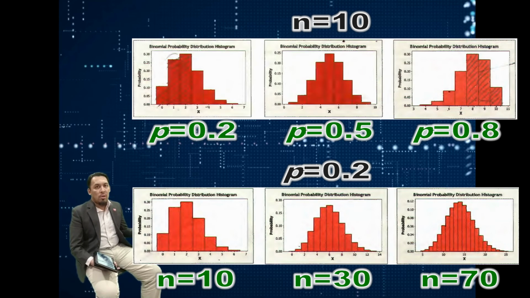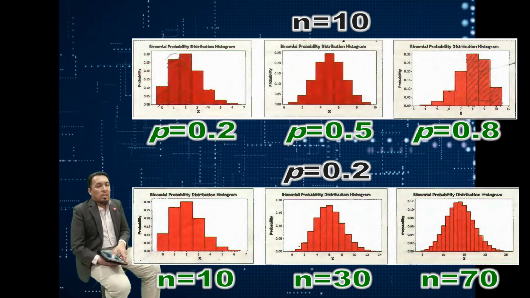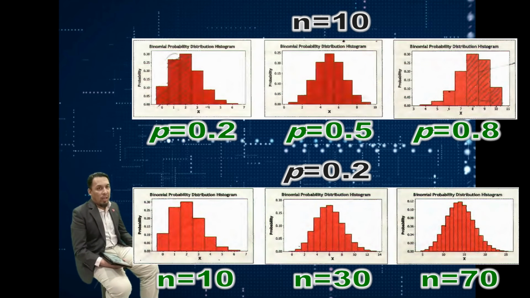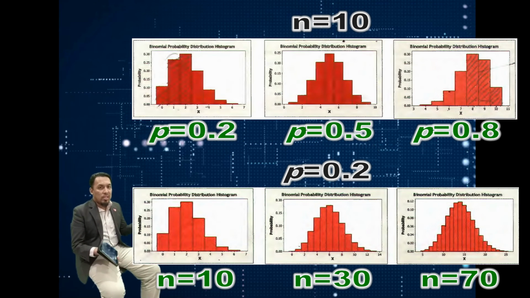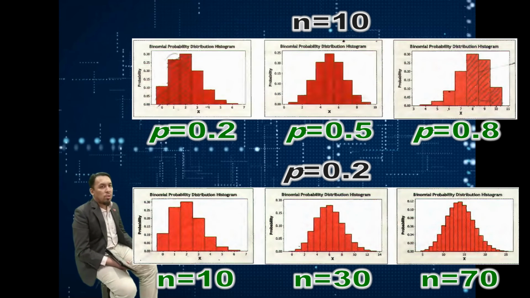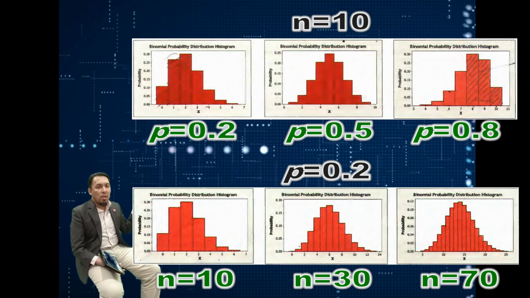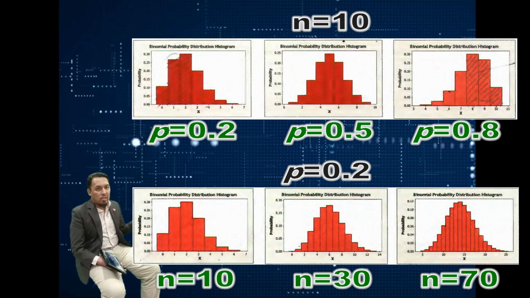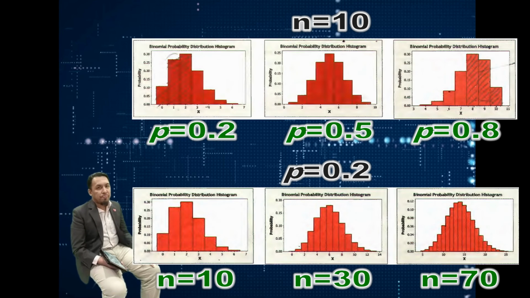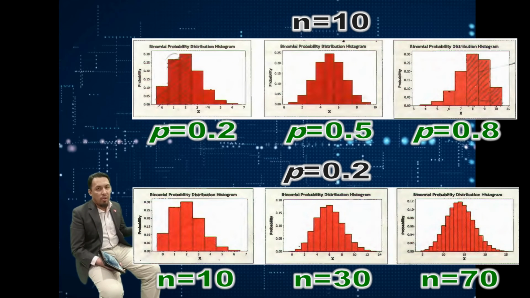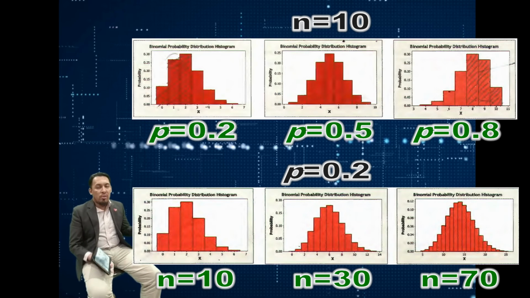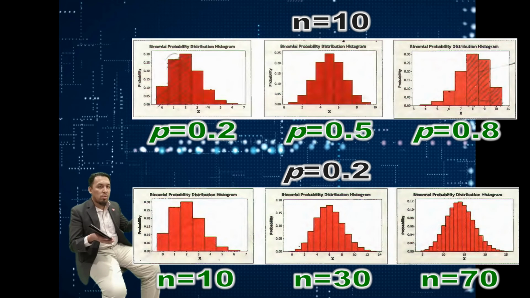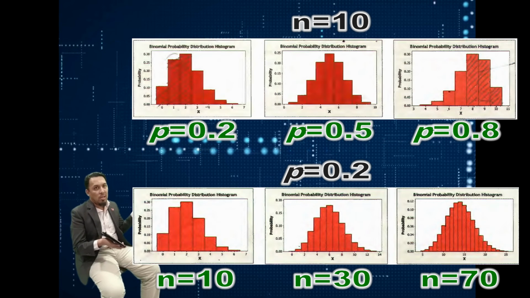Now let's see what happens if we play around with the value of n. With the same p, which for this case is 0.2, first, as we have discussed before, you look at the top graph. If n is 10 and p is 0.2, you will see right skewed. However, if we increase the value of n, as you can see, the shape of the graph slowly changes to approximately symmetric.